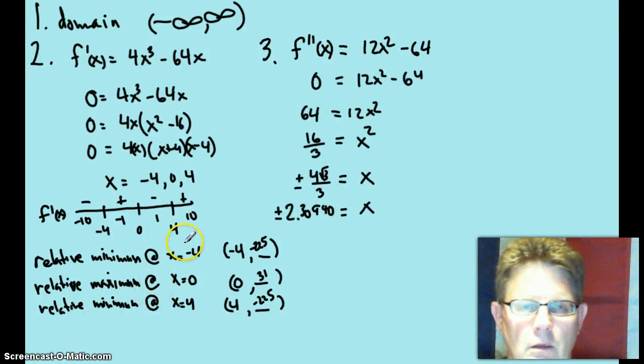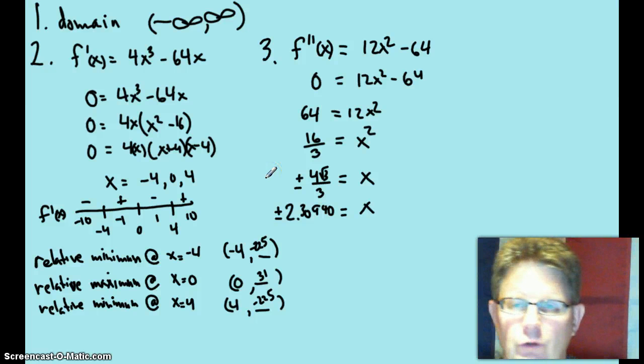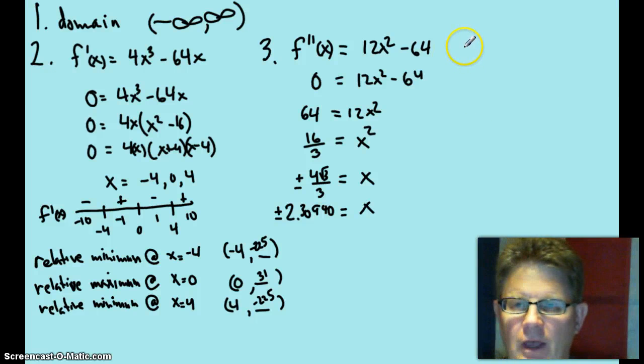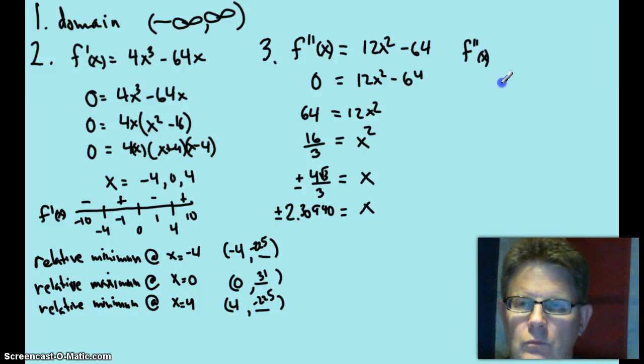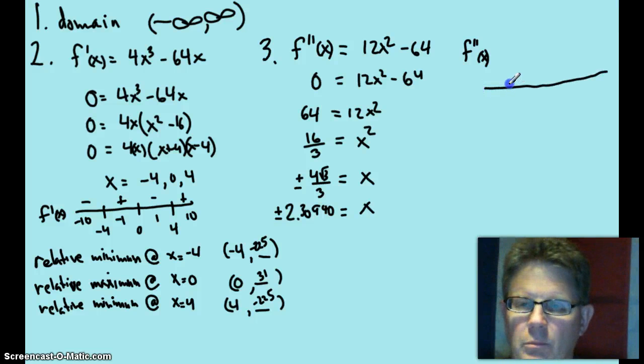Okay. Second derivative, I got plus or minus 2.30940. Now we're going to use the second derivative test to find out if those are points of inflection or not. Negative 4 root 3 over 3 and positive 4 root 3 over 3.